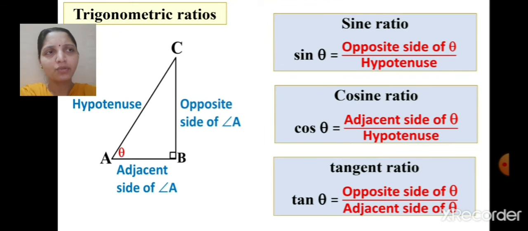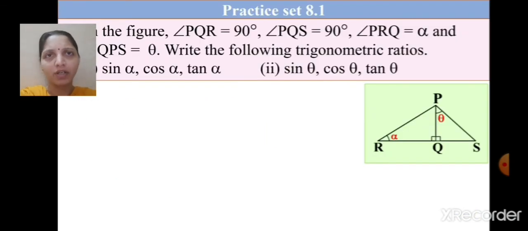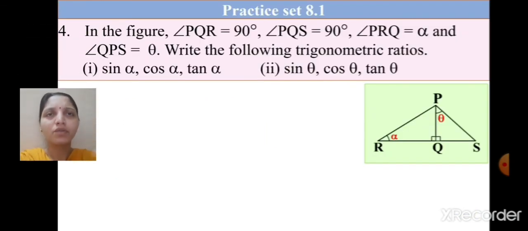Now let's try to solve practice set 8.1. Here, fourth sum: in the figure, angle PQR is equal to 90 degree, angle PQS is equal to 90 degree, angle PRQ is equal to alpha, and angle QPS is equal to theta. Write the following trigonometric ratios.